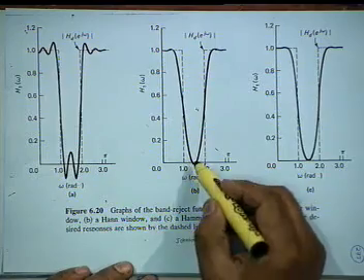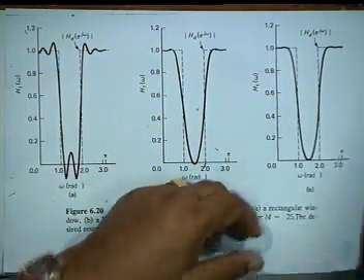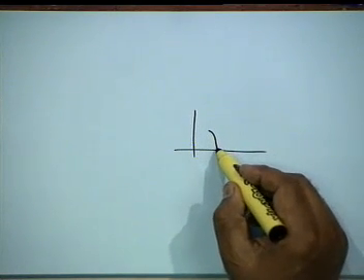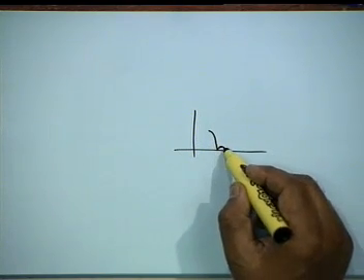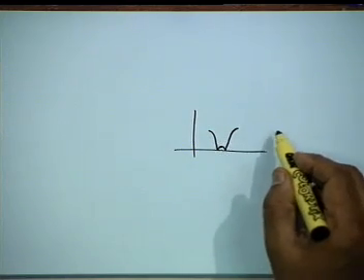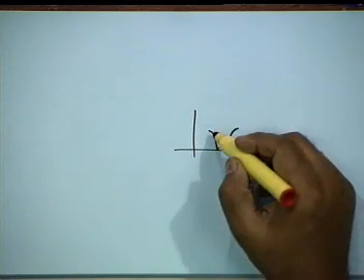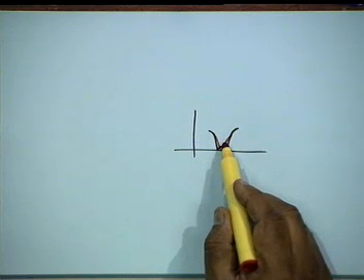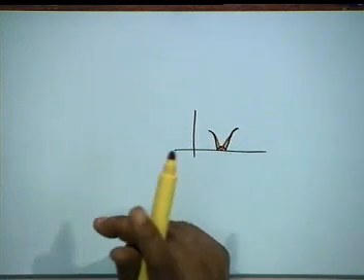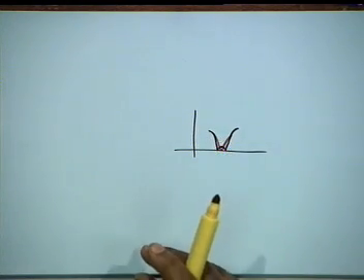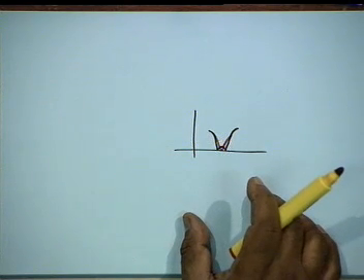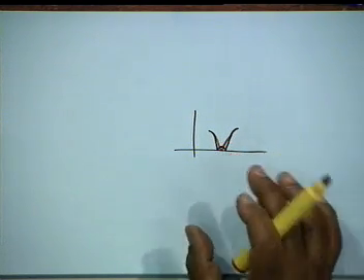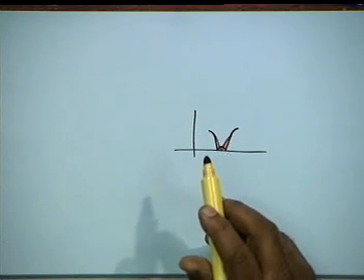But you see, if I plot the magnitude it will show something like this. Please appreciate the point. If I plot the magnitude it will show something like this, which means on the other hand, if I have a plot which comes like this, obviously the red one has a narrower stop band than the black one. If you require a wide stop band, then it may be preferable to have multiple zeros in the stop band.